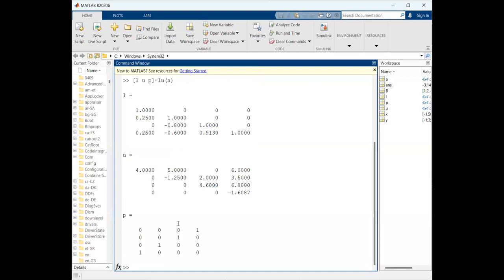Okay, so in MATLAB, let me do a sparse matrix.